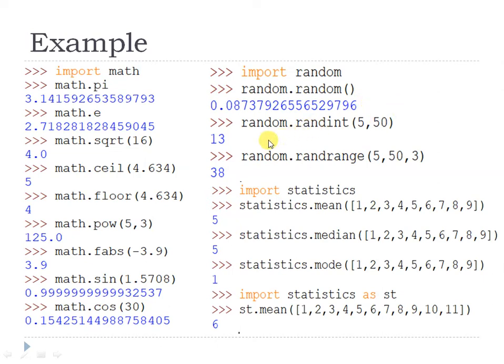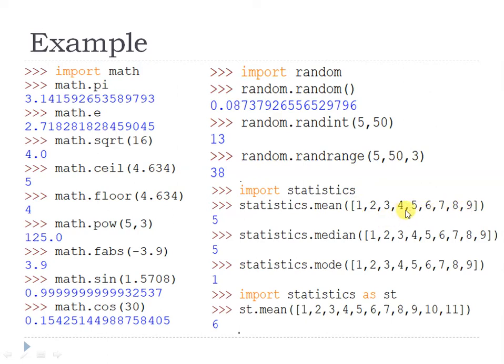Next, you have random.randint(5,50). So any random integer will be generated. Then we have the third function, random.randrange, and according to the range generated by this function, a random number is generated. And the third module, that is the statistics module, you can import it, and you can have statistics.mean, and in the brackets you provide a sequence of data.